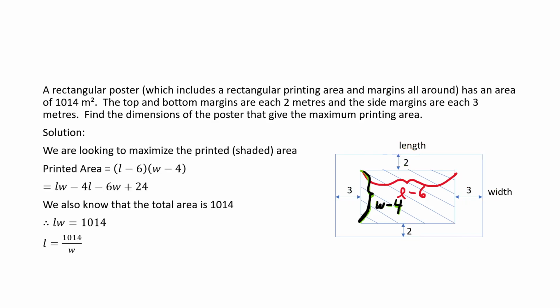So for that printed area, we need a formula for it, and it's equal to (L minus 6) times (W minus 4). When we distribute and collect like terms, we ultimately have LW minus 4L minus 6W plus 24. Now, we know that LW is 1,014 because L refers to the overall length and W refers to the overall width, and the area is 1,014.